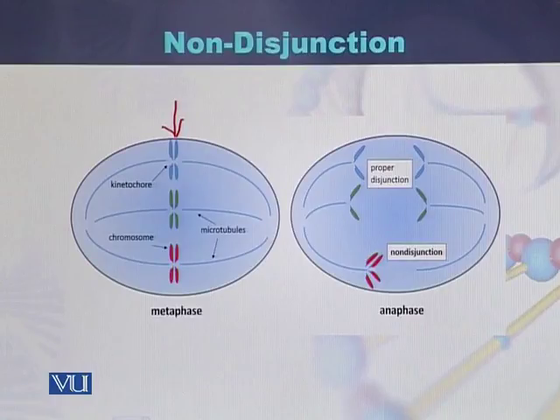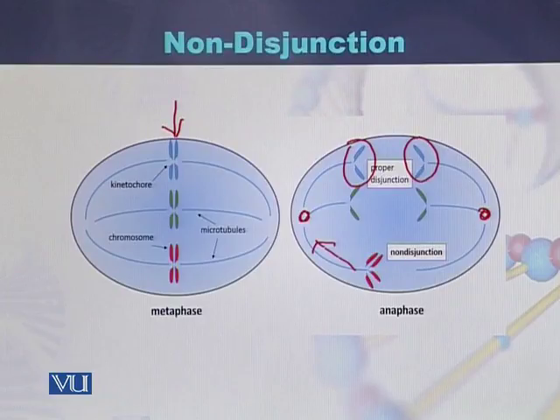In case of proper disjunction, we can see that the chromosome is divided into two sister chromatids, and each sister chromatid will move towards a pole, one to one pole and the second to the other pole. On the lower side, we see that both the sister chromatids are moving toward one direction.